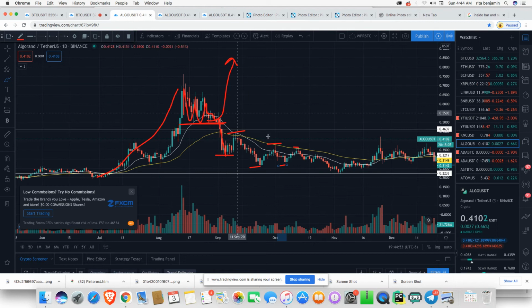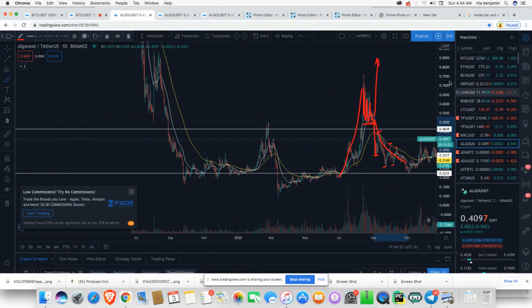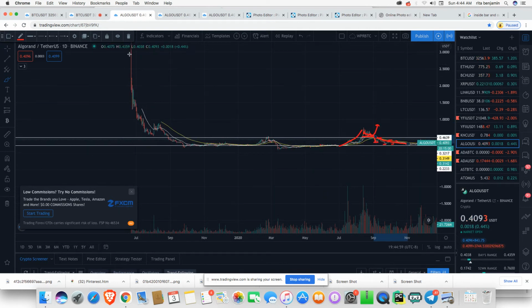So this is our downtrend stage, which also happens to be this stage right here. After the downtrend stage, you're going to have another accumulation. After another accumulation, you have another uptrend. After the uptrend, you have another distribution. After distribution, you have another downtrend, and that is how the cycle goes round and round and round.